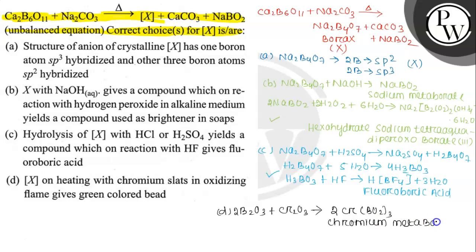Chromium metaborate is formed, which is green in color. So this statement is also correct.